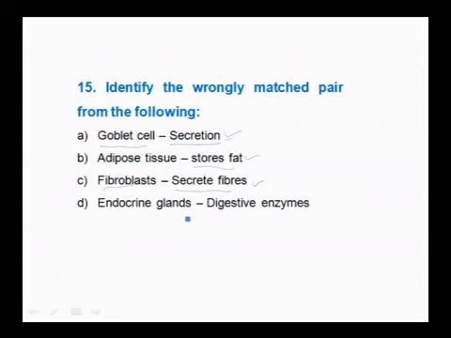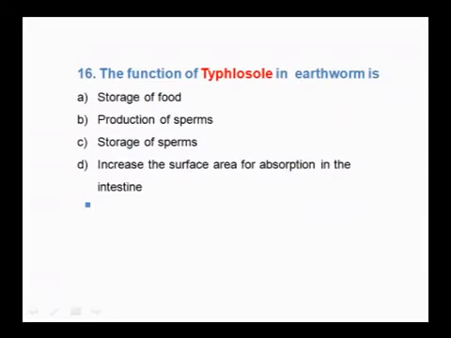Endocrine glands produce digestive enzymes. This is wrong. Why? Because endocrine glands are the ductless glands which produce hormones. Digestive enzymes are produced by exocrine glands. So among these, the wrong match is option D.